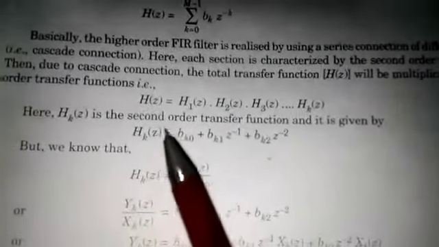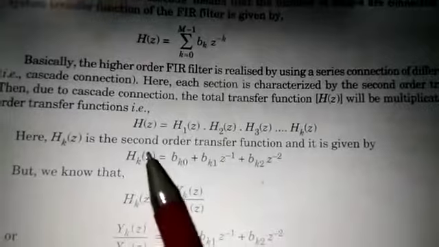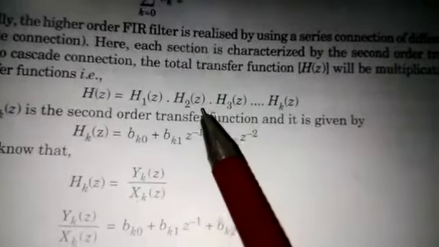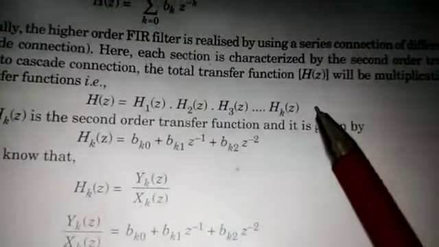Now let us see how the cascade implementation is done with the help of this direct implementation in FIR filters. For cascading, as we have already seen in the previous examples, we need h of z to be written in terms of h1 of z, h2 of z, h3 of z and so on.